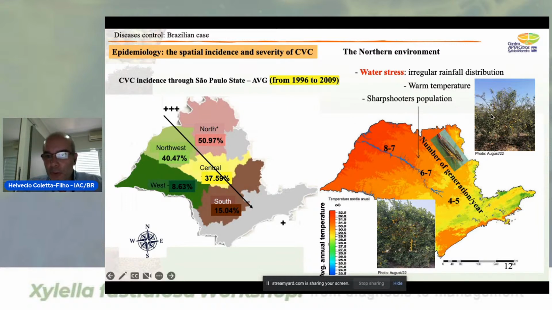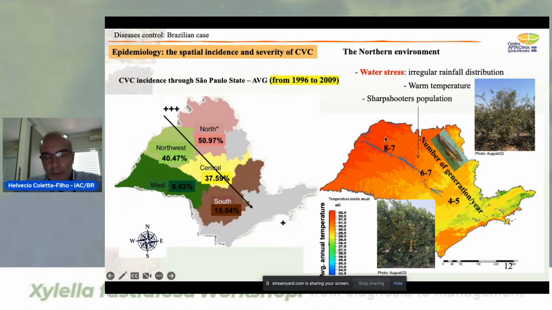Just for showing you this picture that we took this month, August, a plant from the north and a plant from the south part of São Paulo. The same rootstock, the same scion variety. Just see the difference, the stress caused by water stress in these plants.